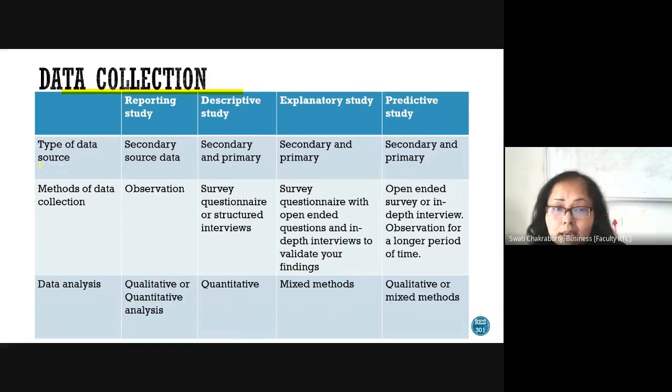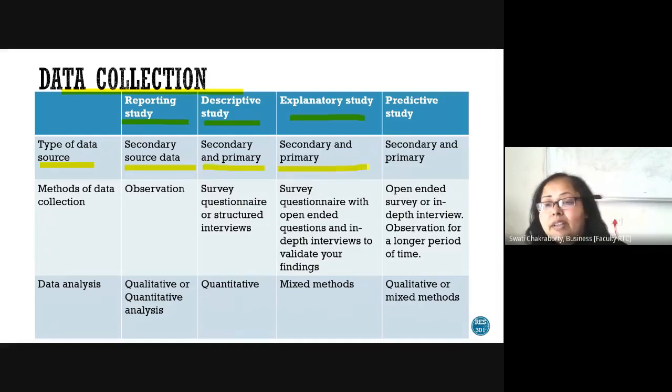First thing is the type or source of data, right? Here in data collection, if we say secondary source, when we have a descriptive study, it's secondary and primary. When we talk of an explanatory study, it's primary, secondary, and primary. Predictive study is secondary and primary.